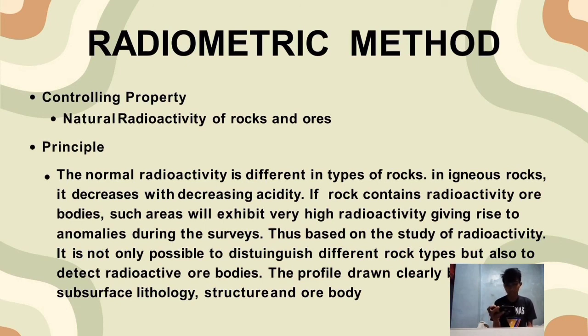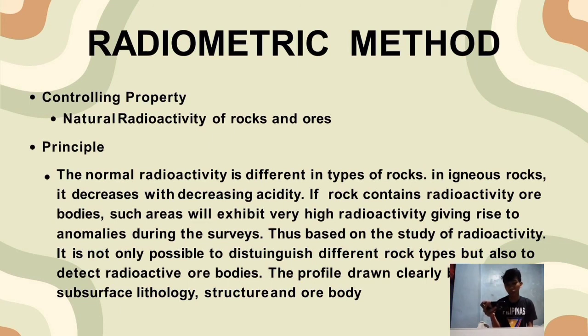Radiometric methods. Controlling property: natural radioactivity of rocks and ores. Principle: the normal radioactivity is different in different types of rocks. In igneous rocks, it decreases with decreasing acidity. If rock contains radioactive ore bodies, such areas will exhibit very high radioactivity, giving rise to anomalies during the surveys.